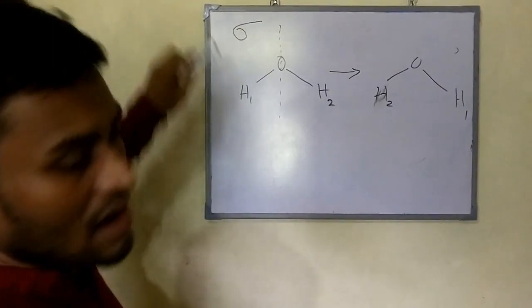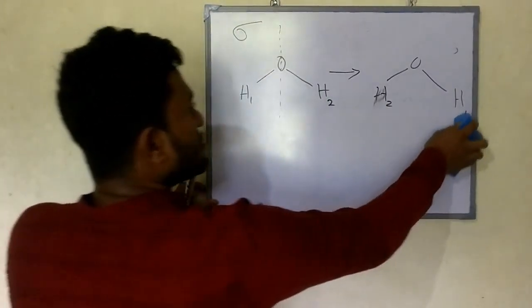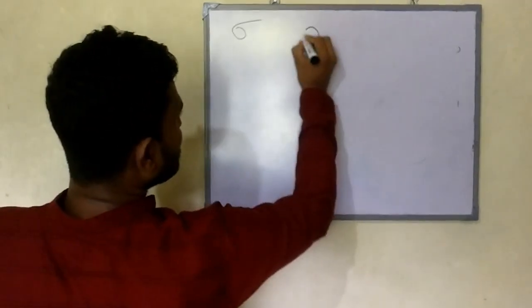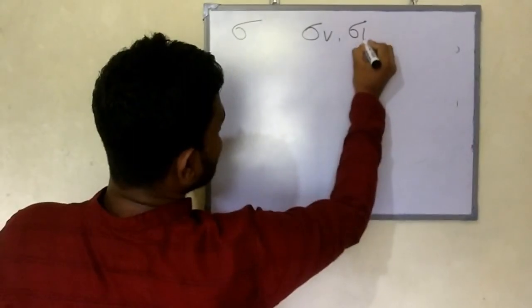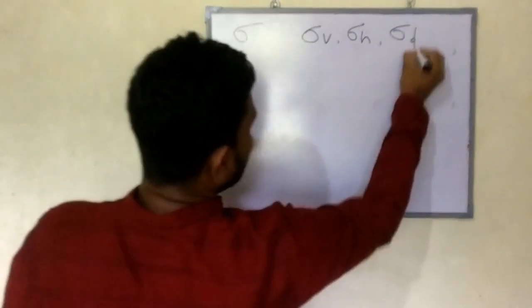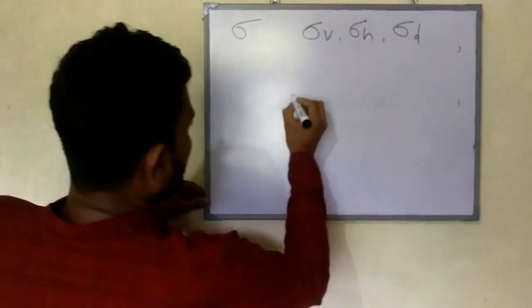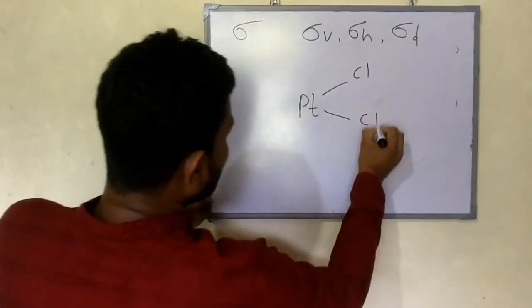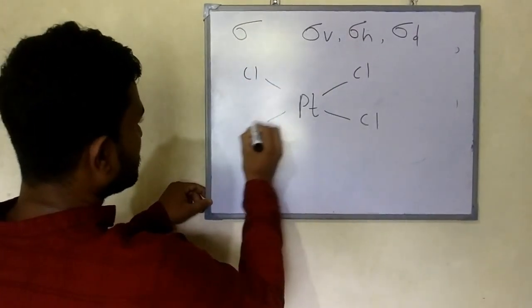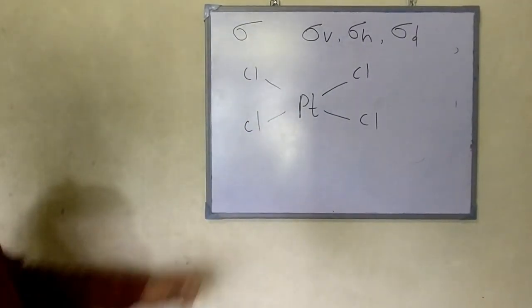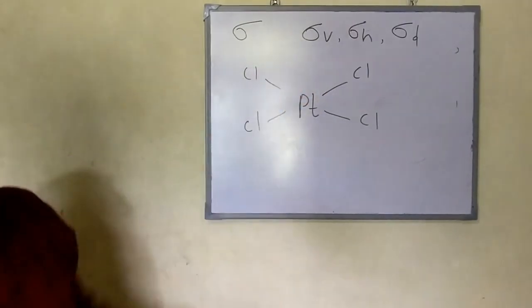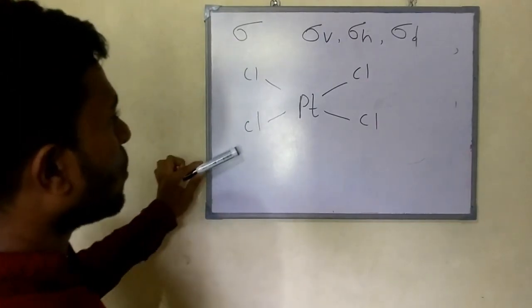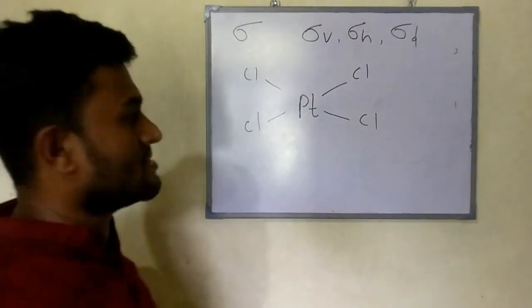So this sigma can be categorized into 3 types: sigma v, sigma h and sigma d. Here I will take the example of PtCl4. Always, sigma v contains the principal rotation axis or the two-fold symmetry axis.